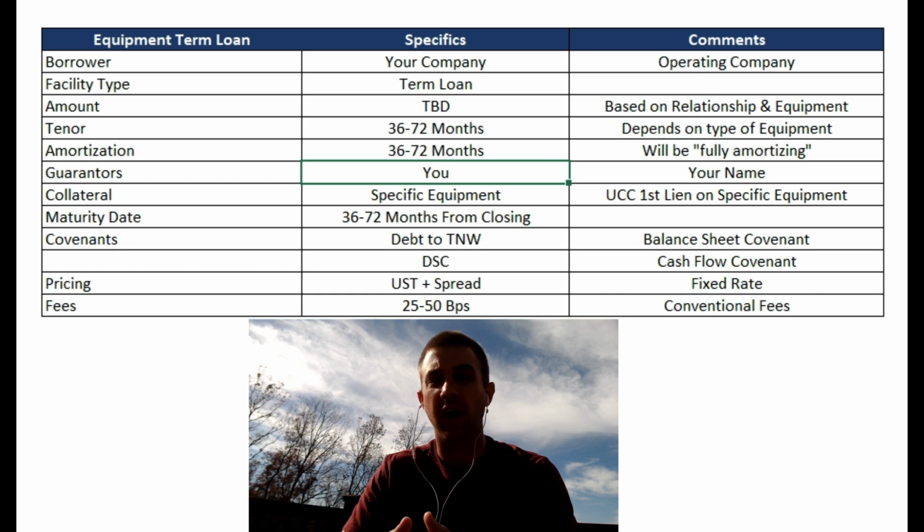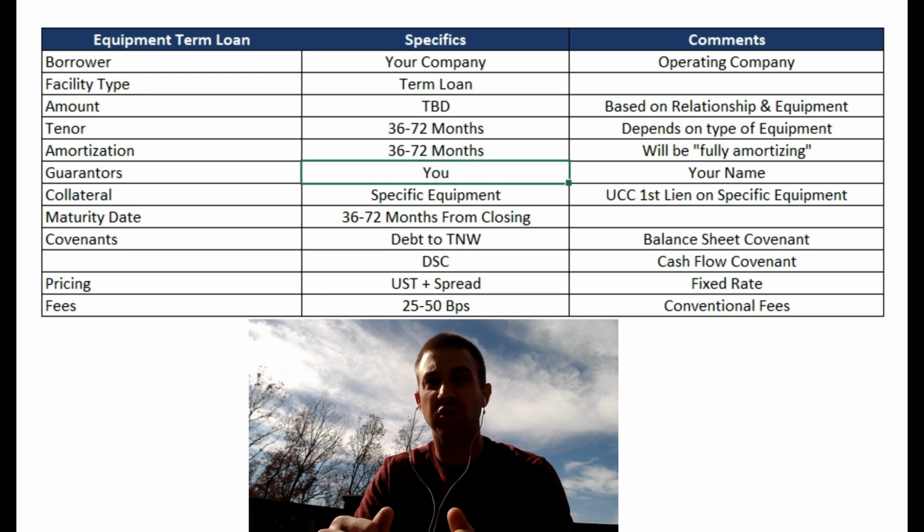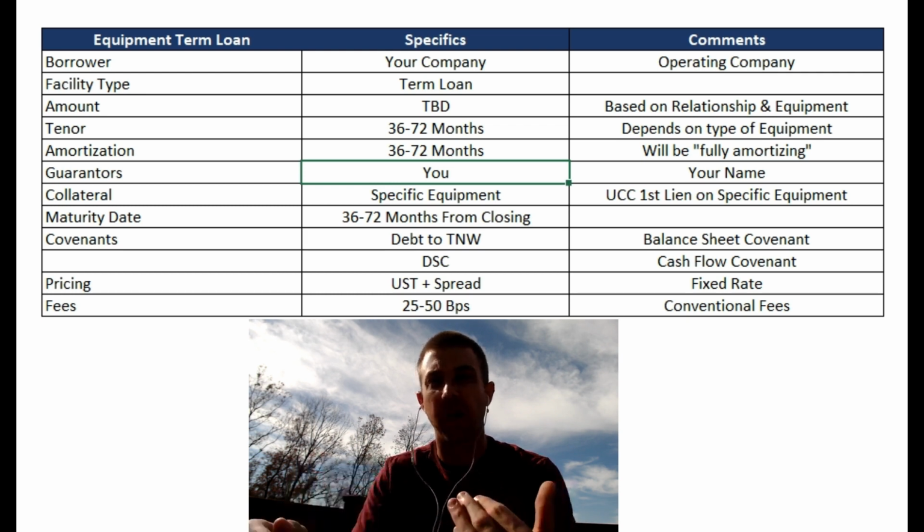I am a banker. I don't know how to use the equipment. I don't have the relationships or contacts needed to use the equipment to sell whatever end good or service you're providing to make money. So I'm going to put you on the hook, and that way you're properly incentivized and aligned to use that equipment to generate additional cash flow to pay me back.